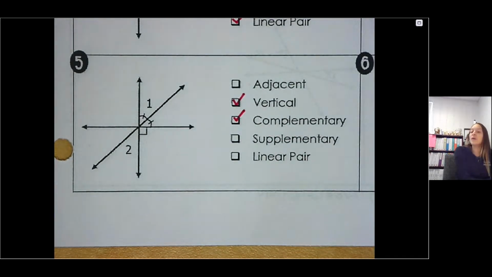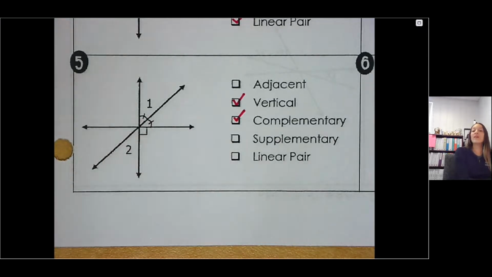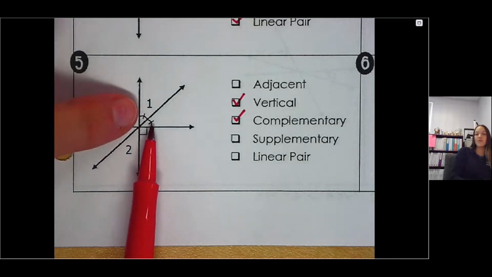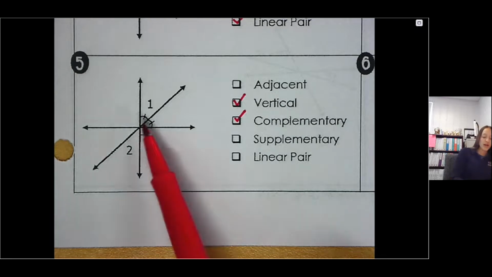How did you know they were complementary? Okay, which means what about these two? They're equal. Now, these two are the same because they both have the same number of arc marks or dashes with them. What do these two have to add up to be? 90.